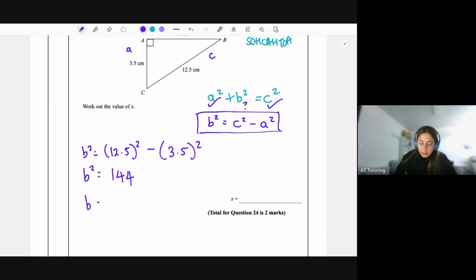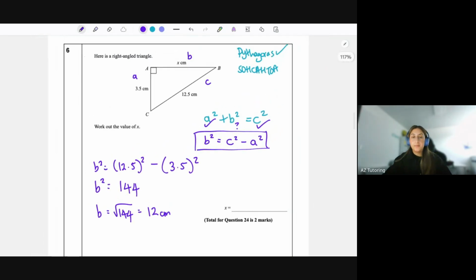So B is going to equal square root of 144, which is 12 centimeters, which makes sense. Okay, so the length of X is just 12 centimeters.